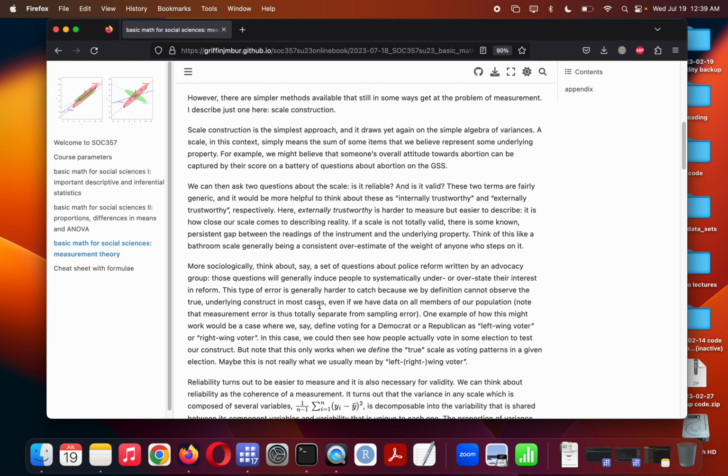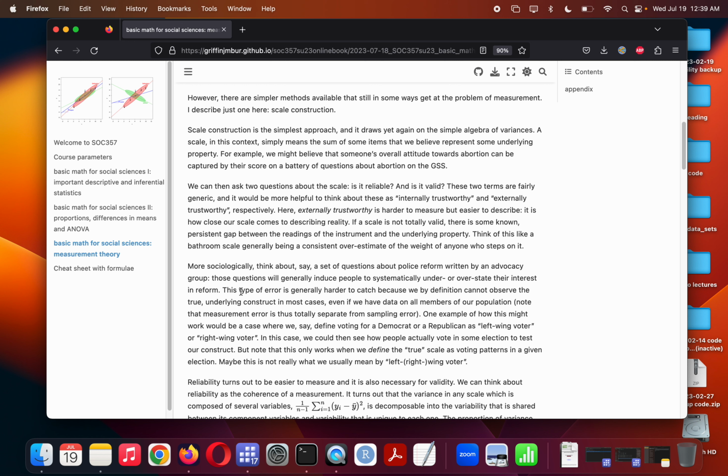Those questions will generally induce people, unless the group is trying very hard to be neutral, to systematically under or overstate their interest in reform. So this is easy to describe, but it's harder to catch because we, generally speaking, can't observe the true underlying construct in most cases. That's what it means for a variable to be latent.